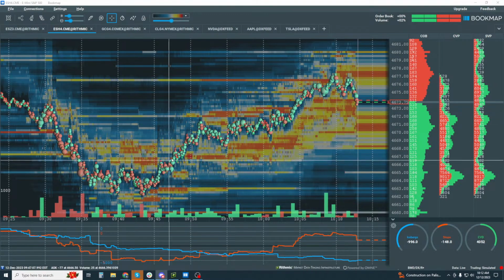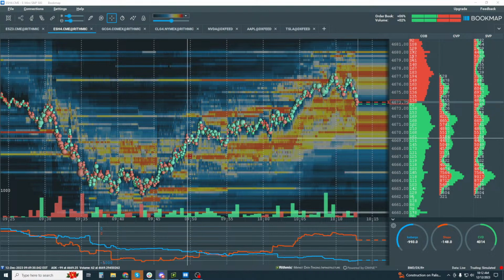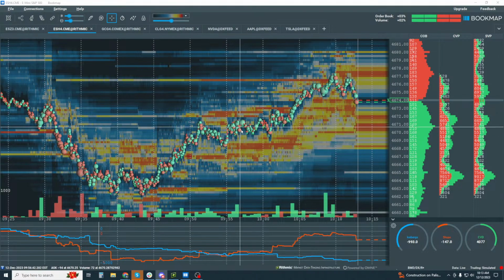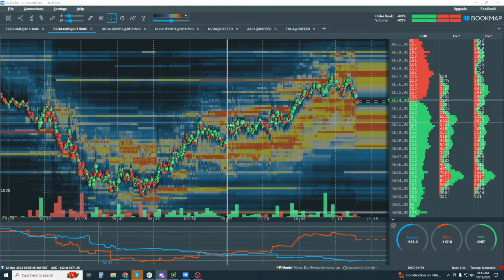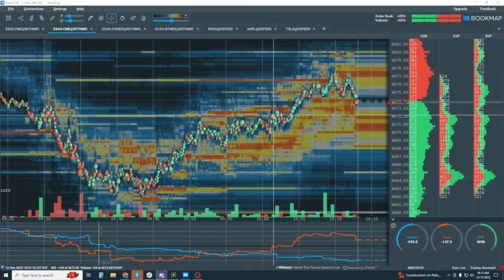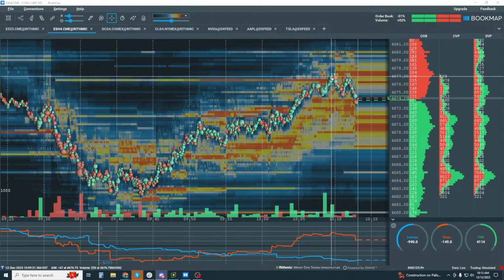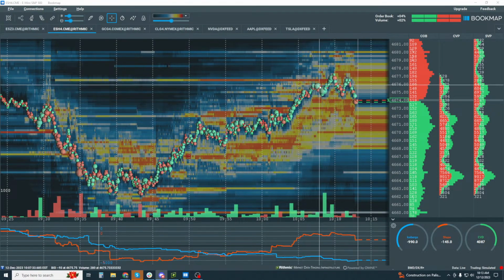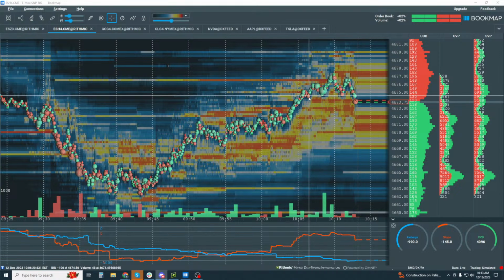So this is pretty strong in here. And then we have even the pullback in here. It's not really a pullback. It's still kind of trending up, and then it broke out, right? So still strong. Not until we see something else.